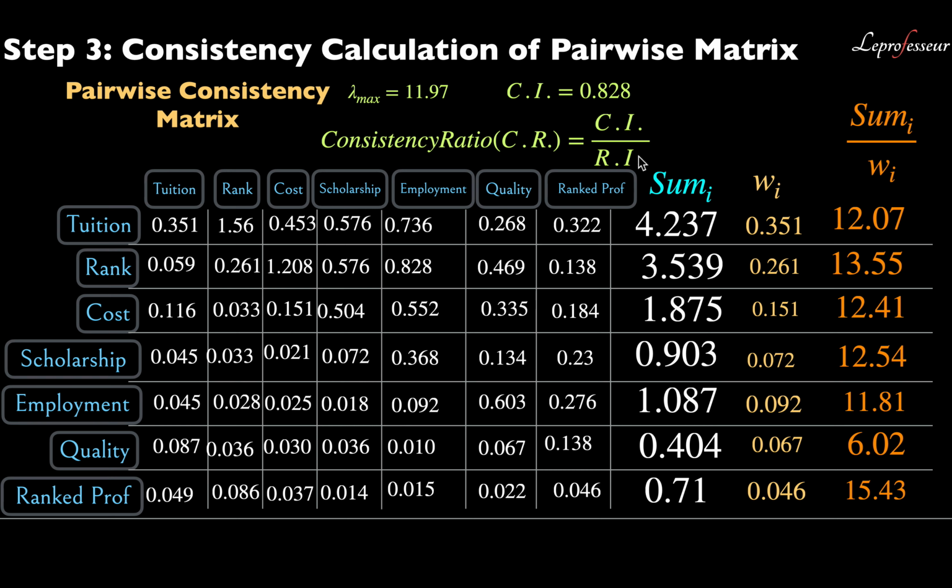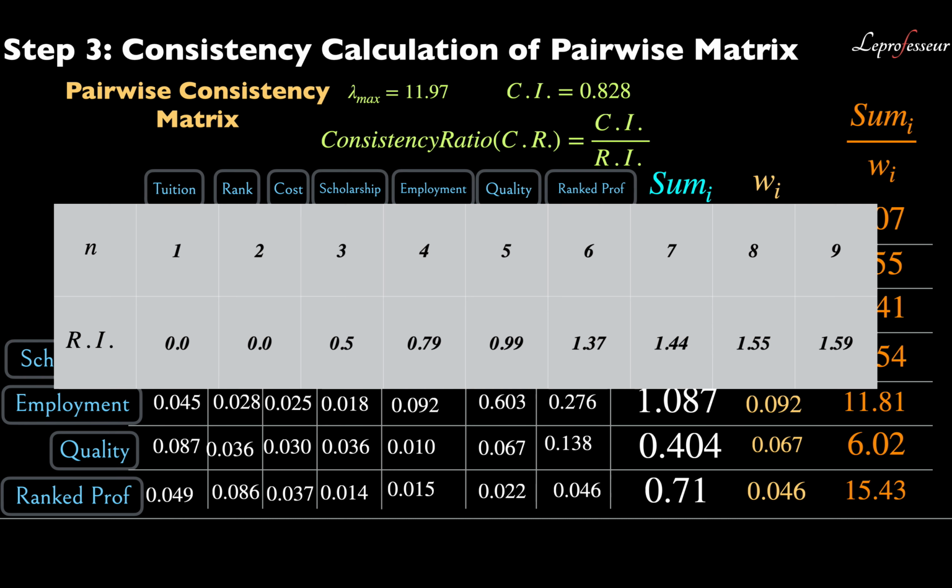Now, where does the random index come from? Professor Saaty has proposed the random index. These come from a lot of experiments and data put together, for matrices with, let's say, 1, 2, 3, 4 up to 9 entries.